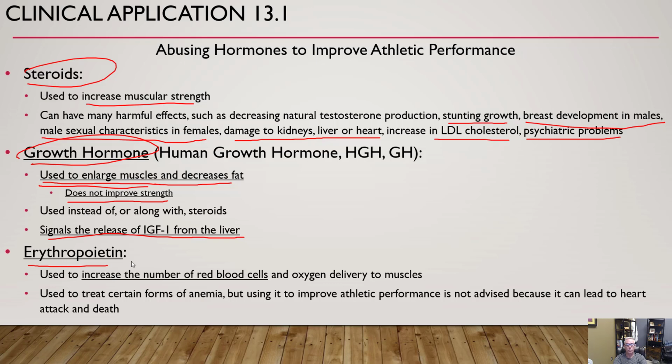People will take erythropoietin to increase the number of red blood cells, and hopefully in turn increase their oxygen delivery to muscles, which will improve their athletic performance. Obviously it's advised not to do that. It actually can lead to heart attacks and death.